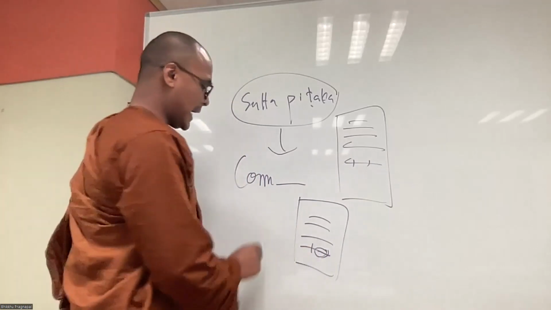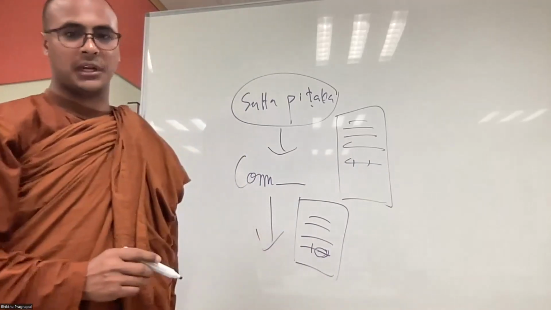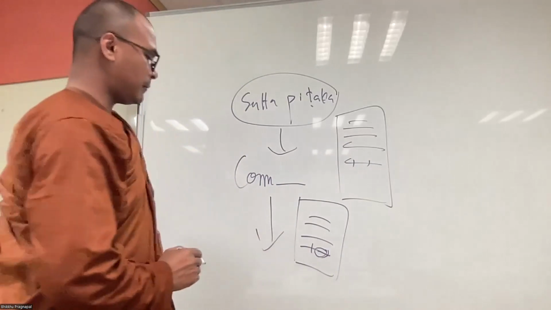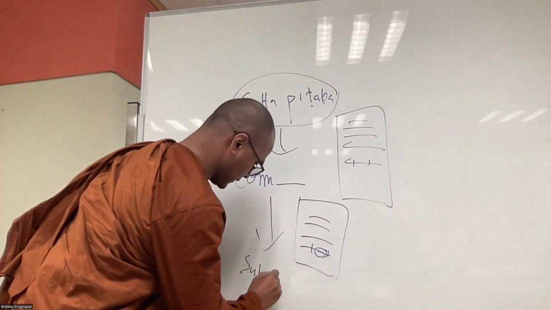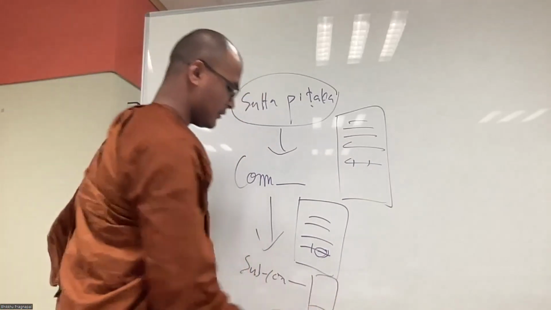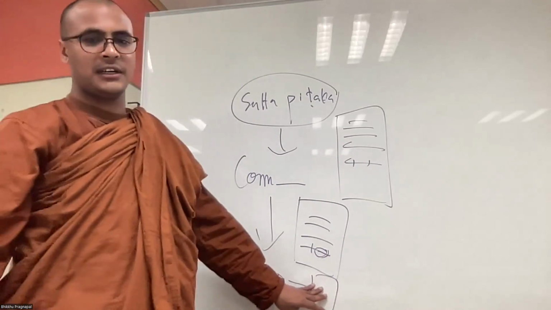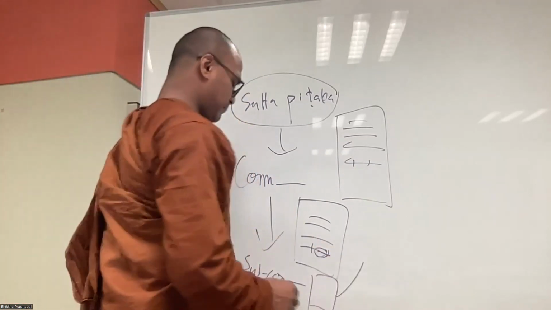There is another called the Tika. Tika means sub-commentary. And when you go through it, maybe there are still some difficulties for you. Then you have some other access, called the Tika and Tippani.